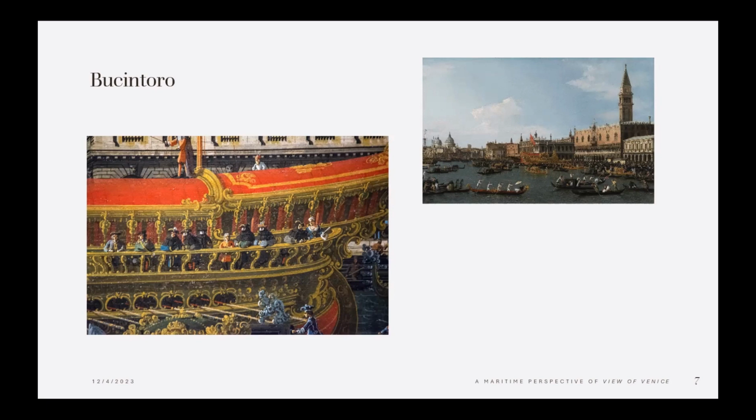Every year they have what is called an Ascension Day, and they have a huge procession of boats that go through the canal. In that procession, this was the main piece, the Bucintoro. It was a symbol of the wealth and prosperity, especially of the Doge.